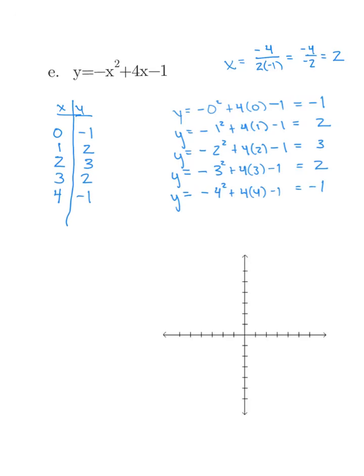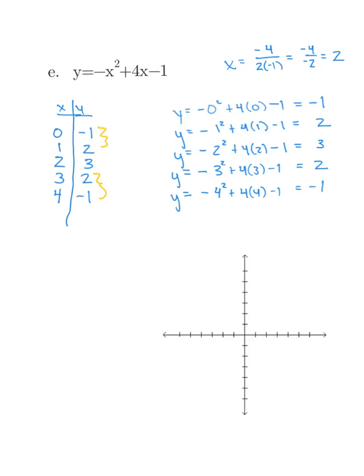But note that here, when I look at this, I am going from positive to negative. I do know that I have an x-intercept somewhere between 3 and 4. Same thing up here. I'm going from a negative to a positive. So I do know that I have an x-intercept somewhere between 0 and 1. So let's go ahead and graph this now.